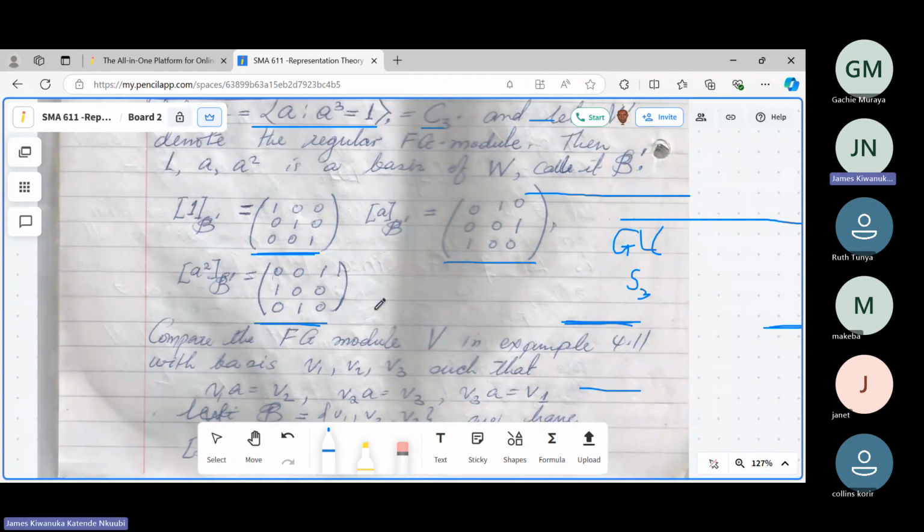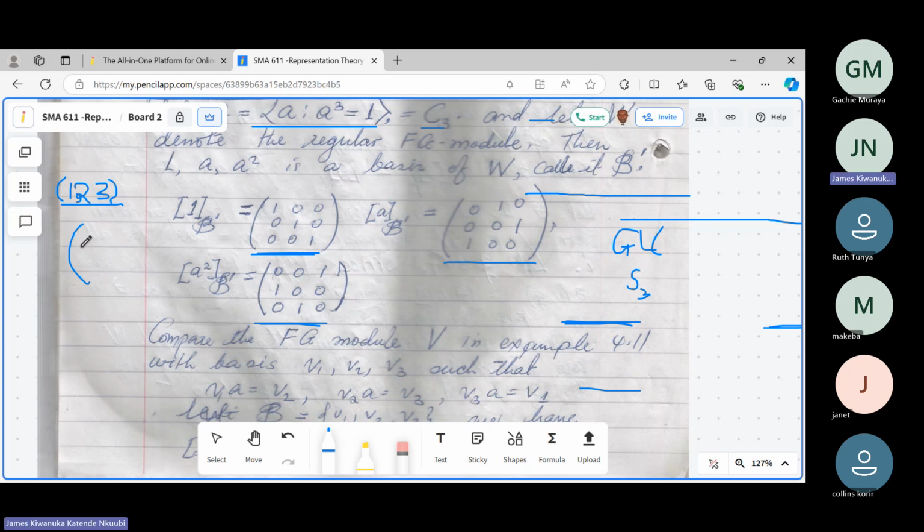I don't know if that makes sense. What I'm saying is, I'll give an example. If you have this element from S3, (1 2 3), this is cycle notation, if you recall. This means 1 is sent to 2, 2 is sent to 3, and 3 is sent to 1. You can do that same operation on the identity matrix. So the first row is sent to the second.